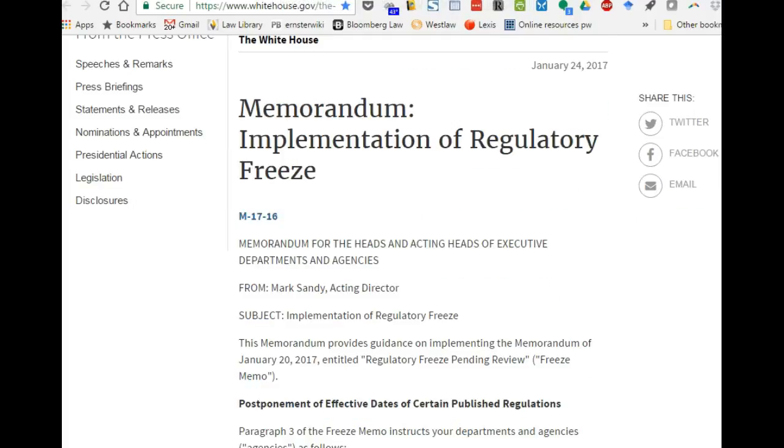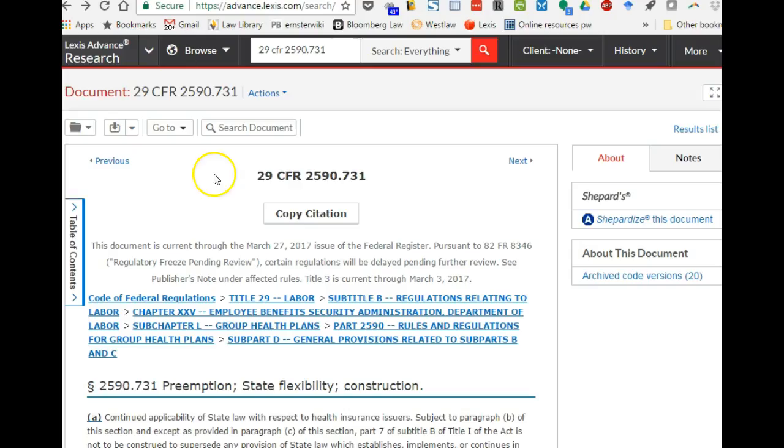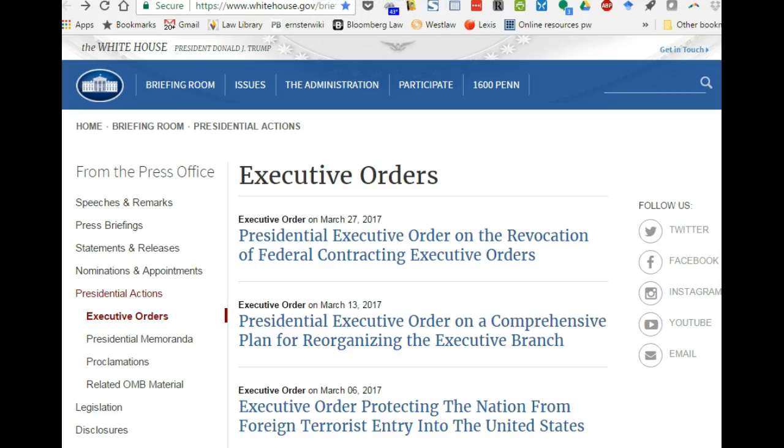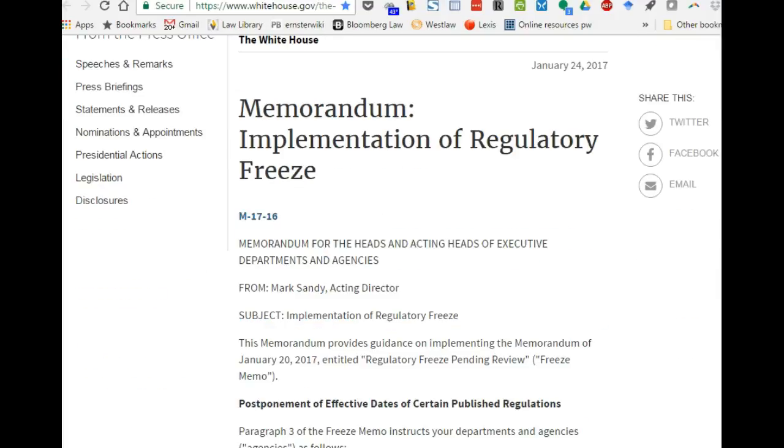Let's take a more specific look. So remember on Lexis, we talked about this regulatory freeze pending review. And as I mentioned, that was my segue into presidential documents. So here is that memoranda for heads of executive departments and agencies. That's the one I want.